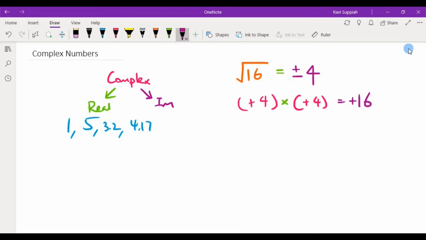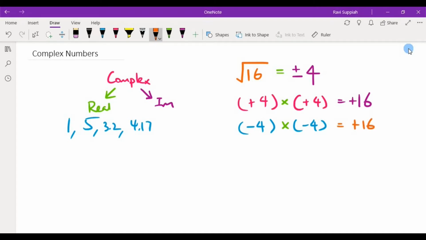The other way in which I can get positive 16 is I take negative 4 multiplied by negative 4, and in this case I will also get positive 16.